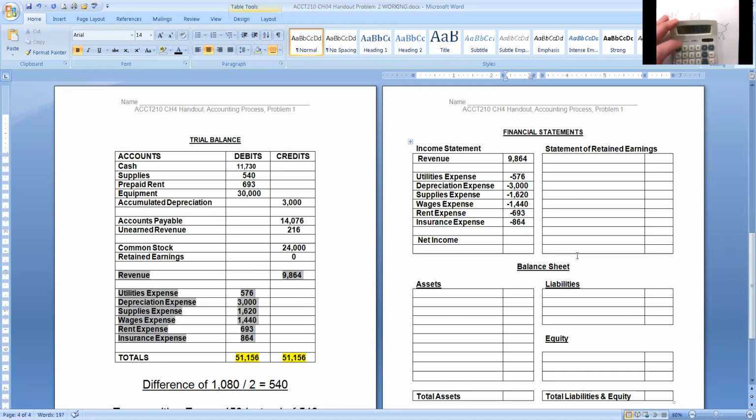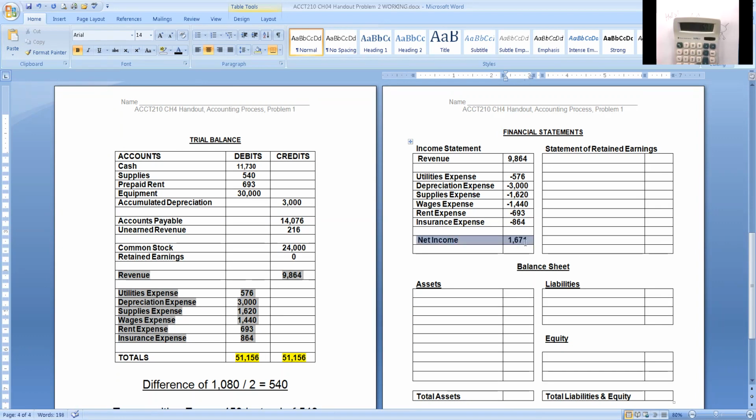And so what's left over will be our net income. Okay, time for Mr. Calculator. $1671.